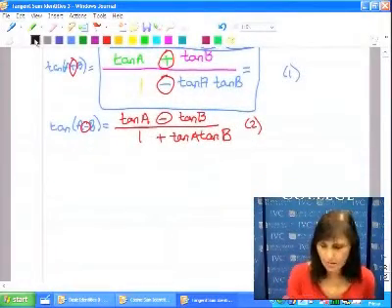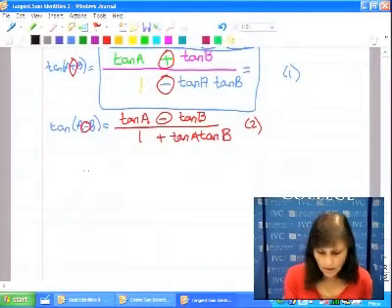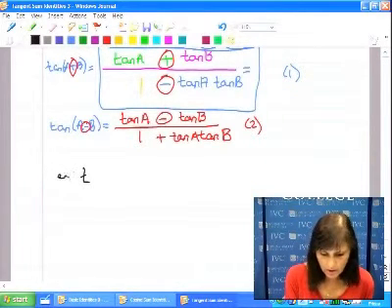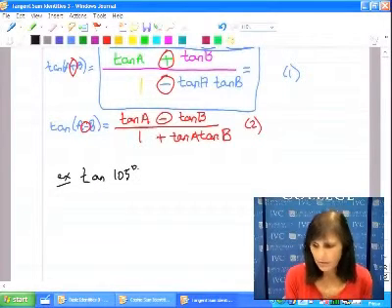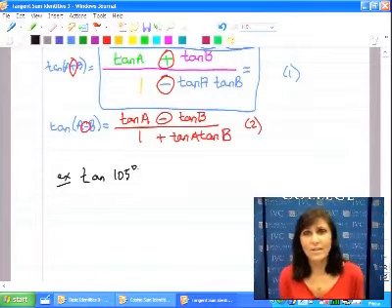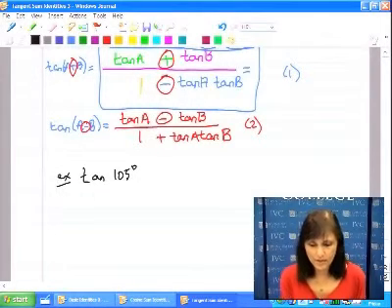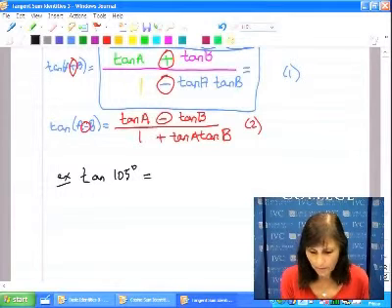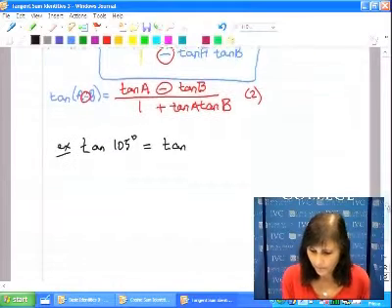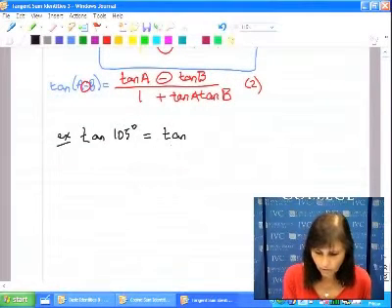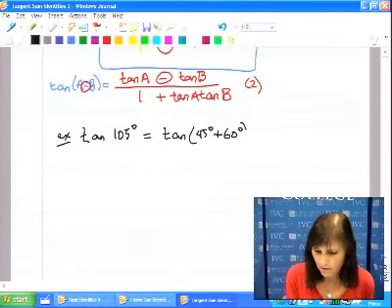An application. They may say, what the heck is tangent of 105 degrees? You need to write this as a sum of angles you know: 30, 45, 60. I know 105 is, with some mental math, tangent of 45 degrees plus 60 degrees.